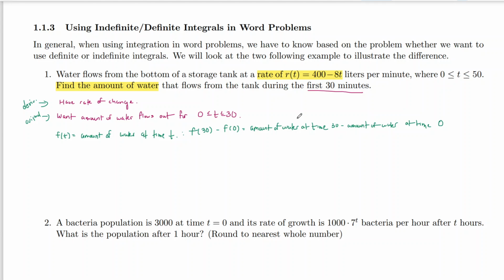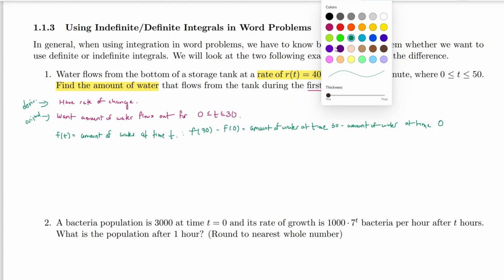Well, if water is flowing out, then the amount of water at time 30 minus the amount of water at time 0 will tell you how much actually left. And that should make sense. Keep in mind this is the amount of water that's flowing out, so our numbers here might not make a lot of sense at first.